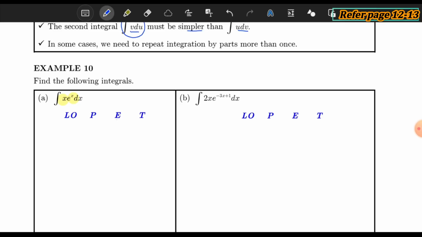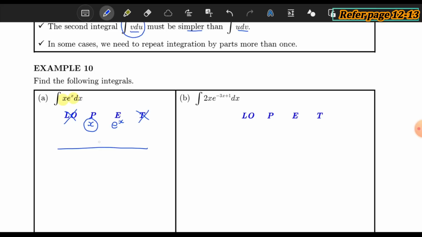Look at the priority to choose u here, LOPEC. Is there any log function? No, no log function here. For poly function, we have x. And exponent, we have exponent x. And no trigo function. Meaning that your x will be chosen as your u.